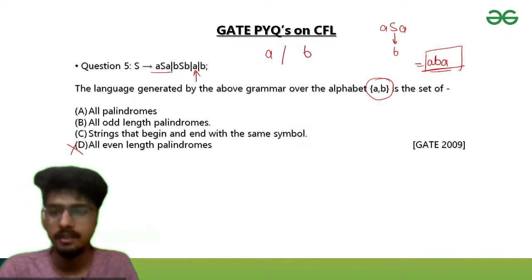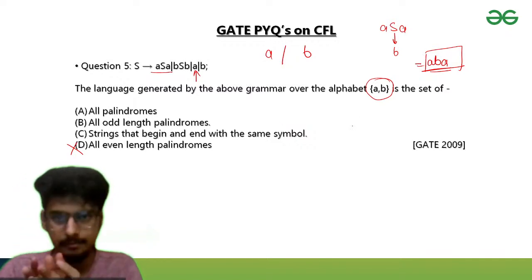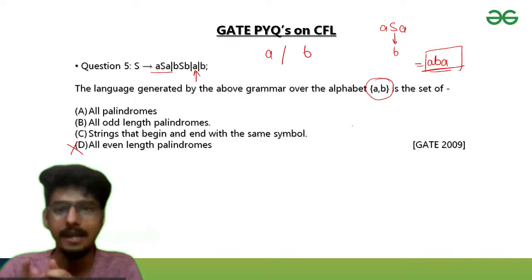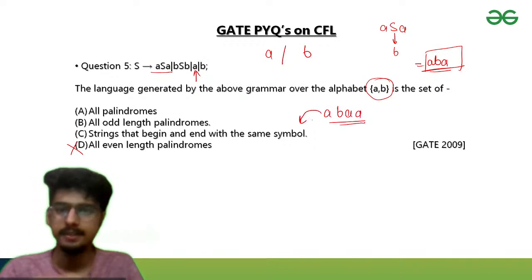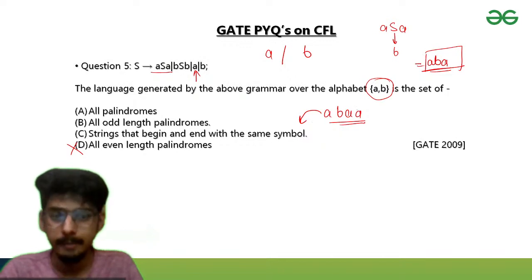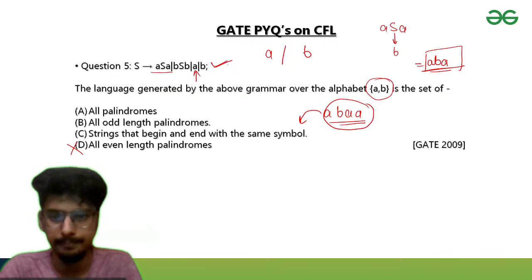Yes, I will generate strings that begin and end with the same symbol, but they have to be palindromes. If I say ABBA, this string begins and ends with the same symbol, but it is not a palindrome and you cannot generate it out of this grammar, right?